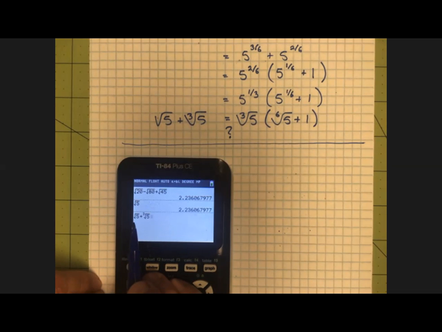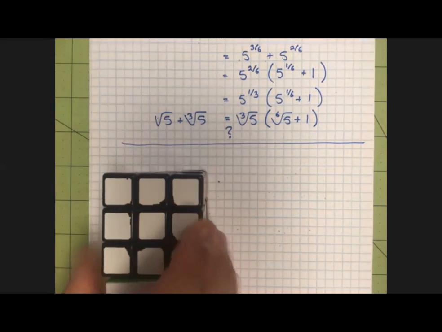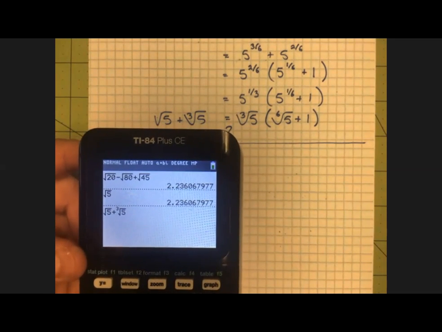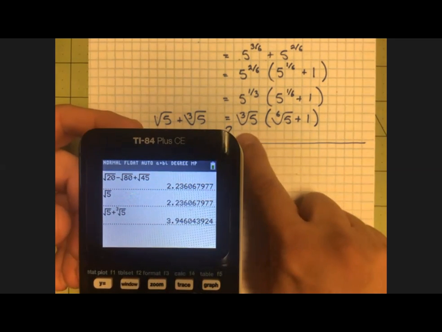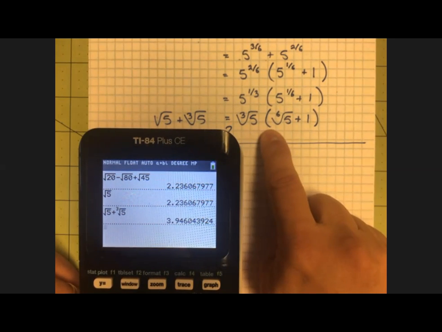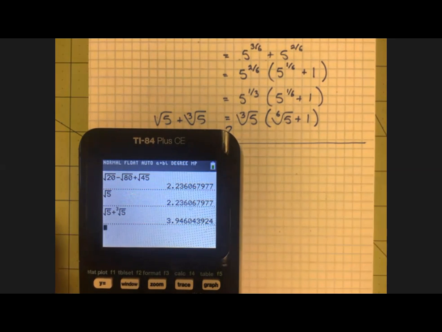Okay, so the square root of 5 plus the cube root of 5. Let me get back my little calculator stand, which is just a couple Rubik's cubes. Square root of 5 plus the cube root of 5 is 3.94 and change. Now, what was I going to compare it to? The cube root of 5 times the 6th root of 5 plus 1.